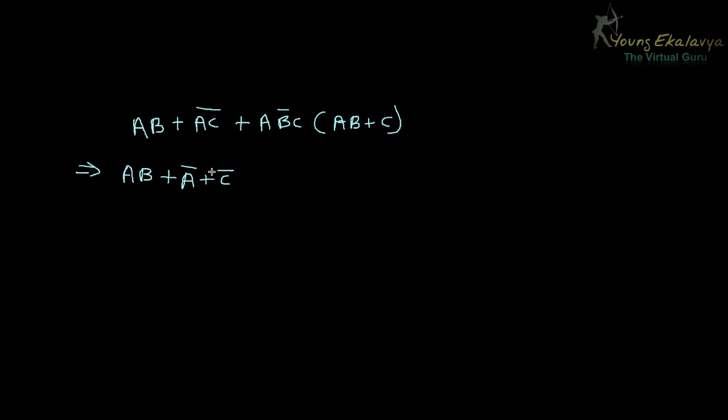We used the De Morgan law. Now expand this. What do we get? ABC plus AB bar C.